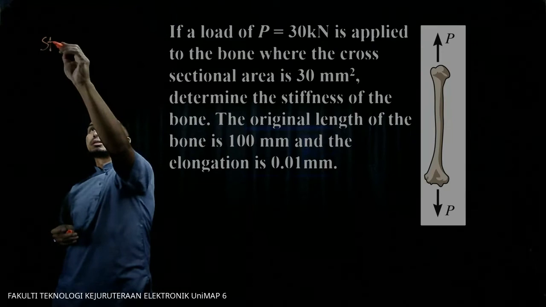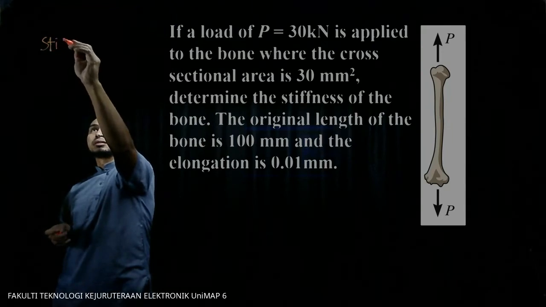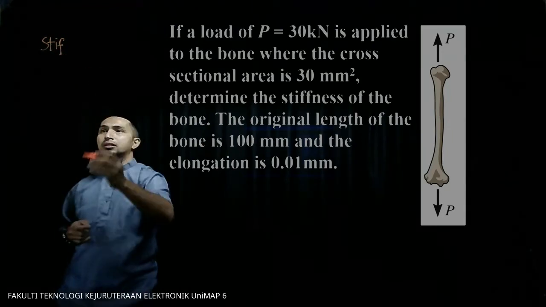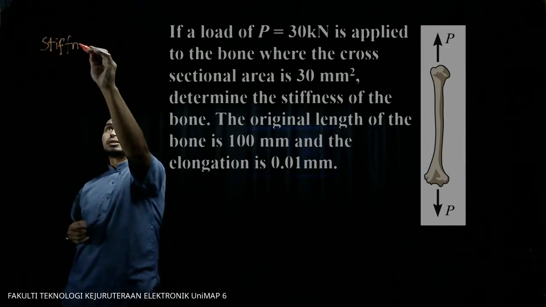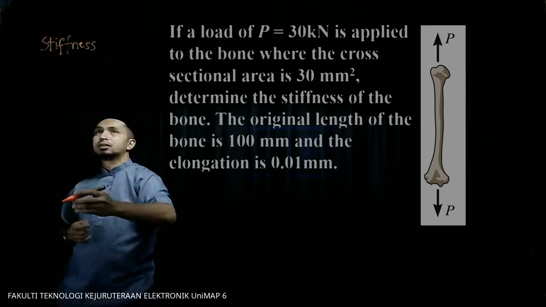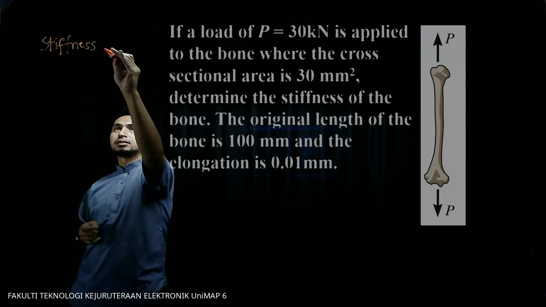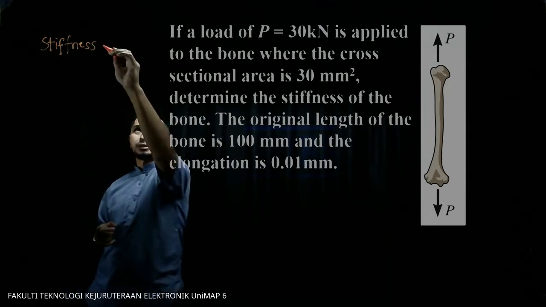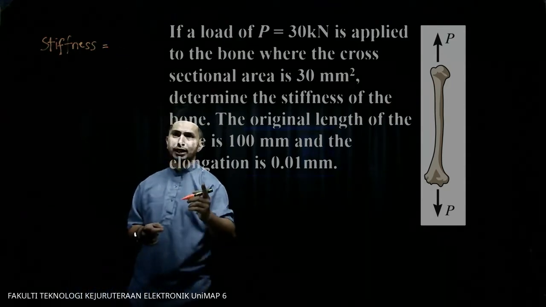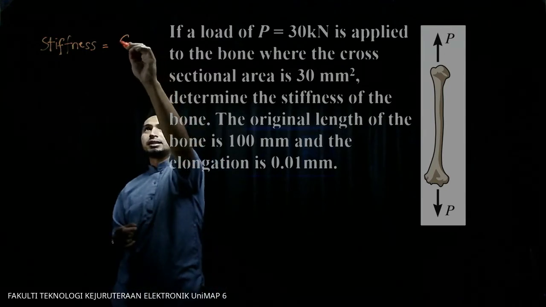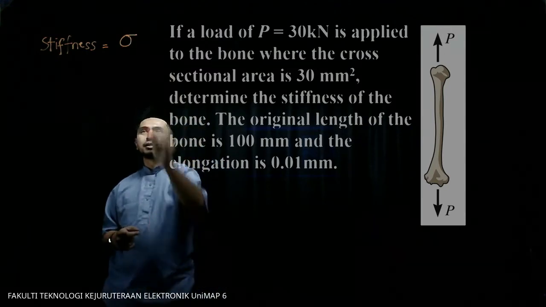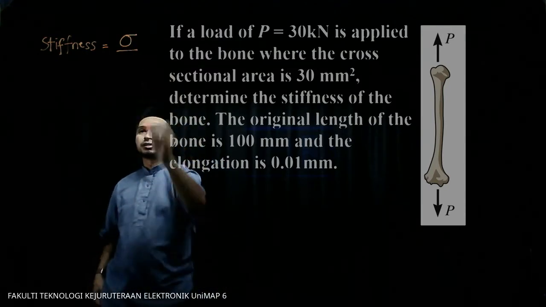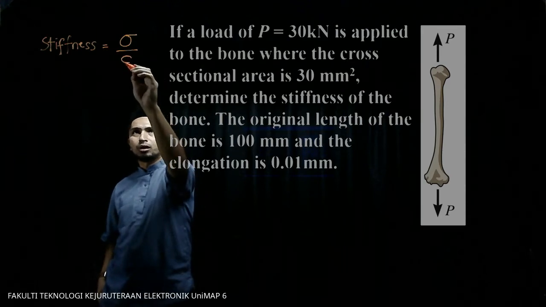Stiffness, the equation is stress divided by strain, the ratio of stress divided by strain. This is a symbol of stress divided by strain. This is the symbol of strain.